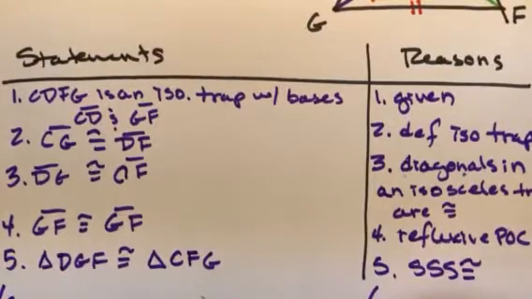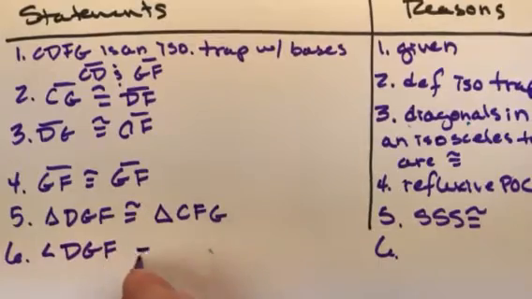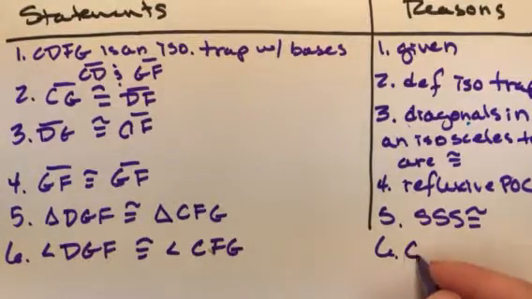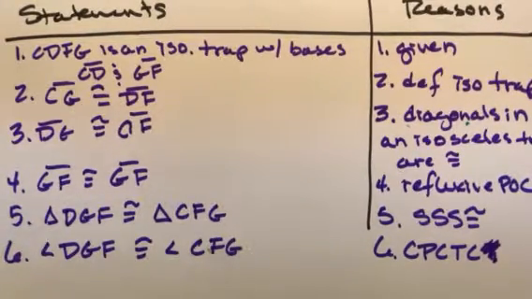And now, by CPCTC, I can say that angle DGF is congruent to angle CFG. Okay, that's too many letters. There we go. All right, have a great rest of your weekend. See you on Monday.